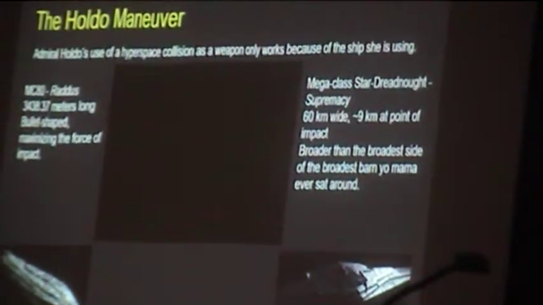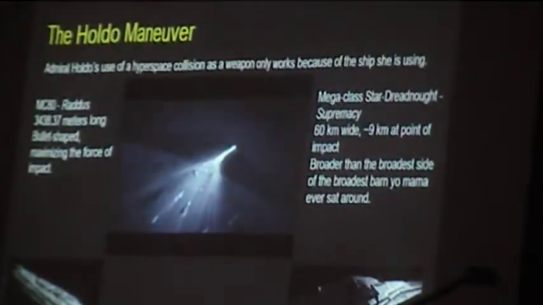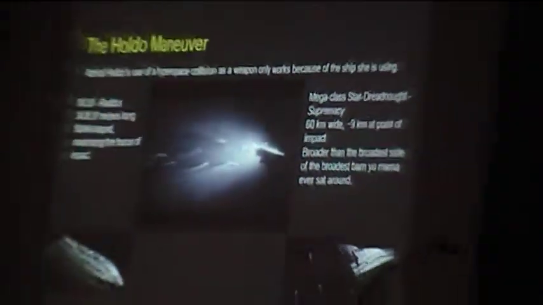Conversely, we have the Raddus, named after the admiral in Rogue One, which I love that name drop. It's about 3.5 kilometers long, and it's shaped like a bullet, which means that all of its impact is going to be concentrated on that tiny little point right at the front. And that's why it's going to be able to pierce a broad, flat object like the Supremacy.